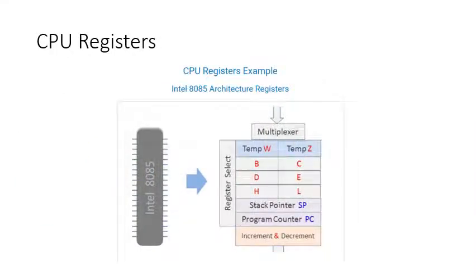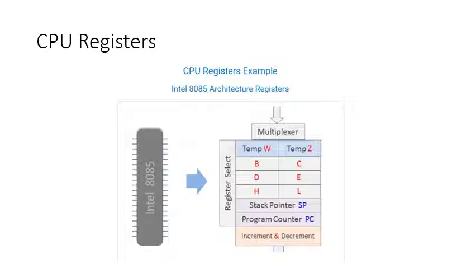Finally, let us discuss the central processing unit registers. In processor microarchitecture, the CPU registers are high-speed memory placed inside the processor chip. In the memory hierarchy, the register is the smallest in size but has the highest data access speed.